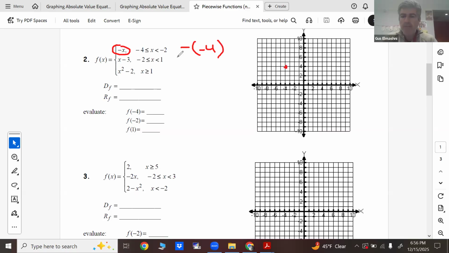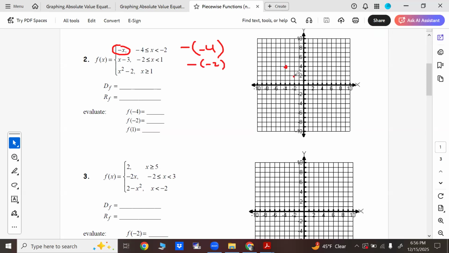If I plug in negative 2, what do you get? Positive 2. Right. And it's just a line. So you just have this. But negative 2 is not inclusive, it's just a hole. Now, let me draw a little better. Okay, so now the next one, put negative 2 back and you get negative 5.